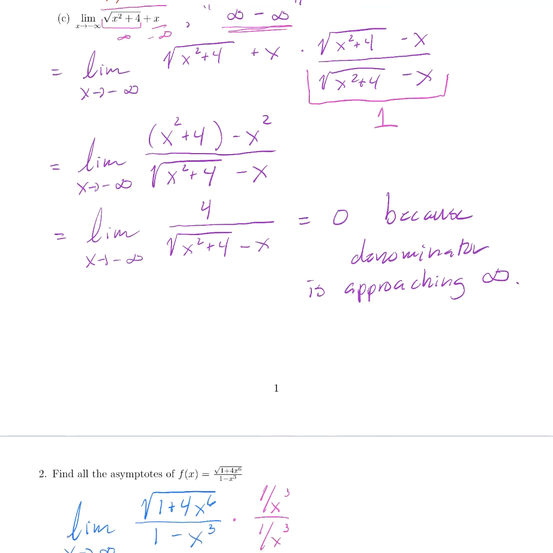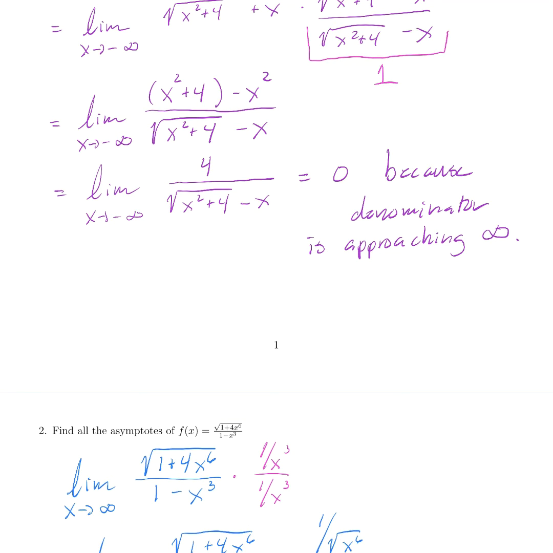When we do that, in the numerator, we get x squared plus 4 minus x squared. Middle term goes away, that's why we changed that sign there. And then we get the square root of x squared plus 4 minus x in the denominator. So that numerator simplifies to 4. Now what's happening in the denominator, this term is approaching infinity still, and this term is approaching negative infinity, so with another negative, that's just infinity.